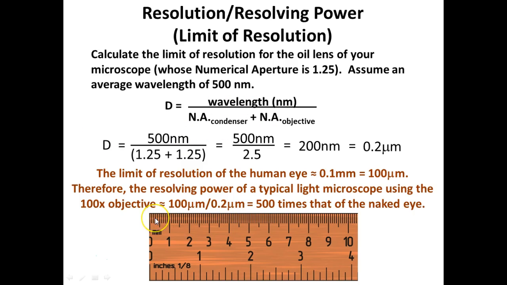Each one of these little lines is a millimeter. Apparently we can see down to 1/10 of a millimeter. I don't know about that. But in comparison, at 100 times objective lens, at 1,000 times magnified, with the resolution of 0.2 micrometers, it's 500 times what we can see with our own eyes.